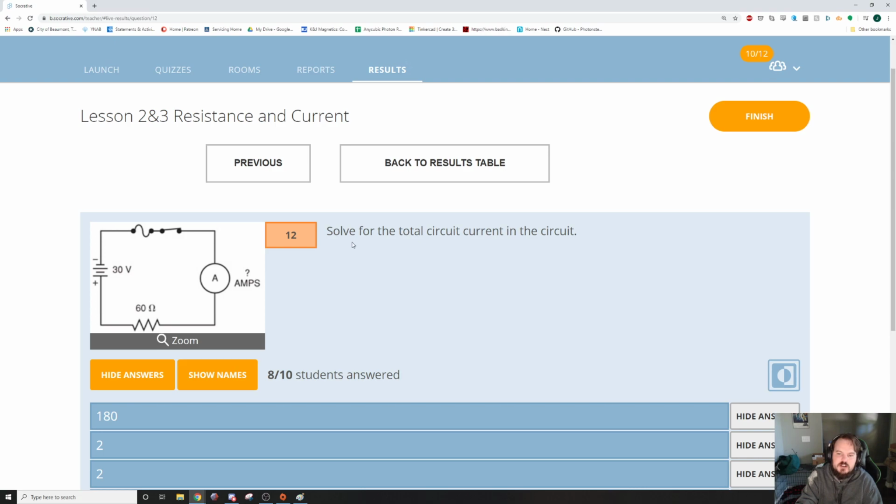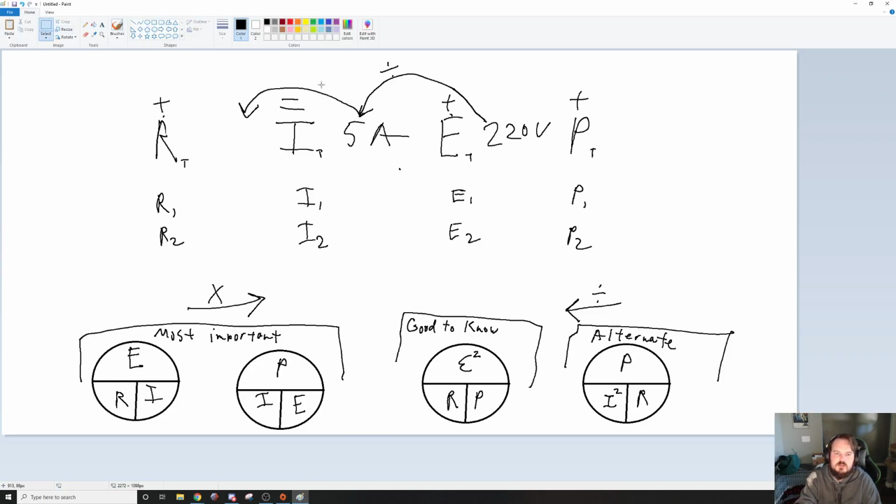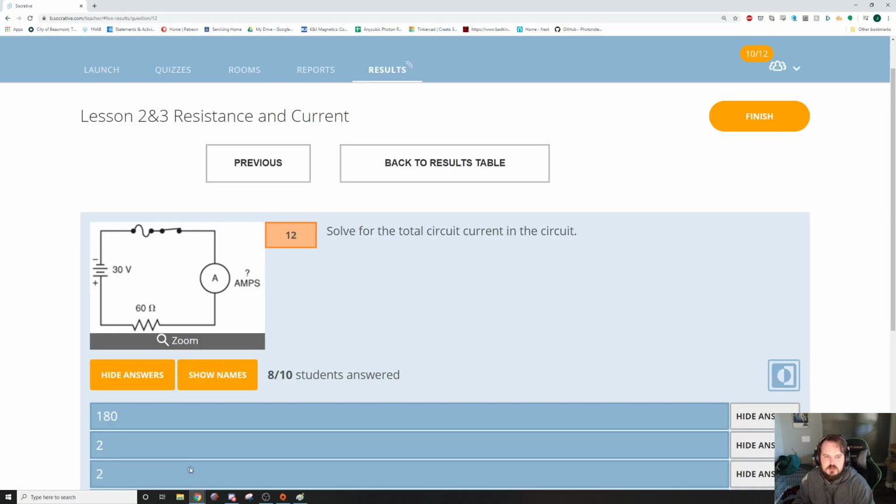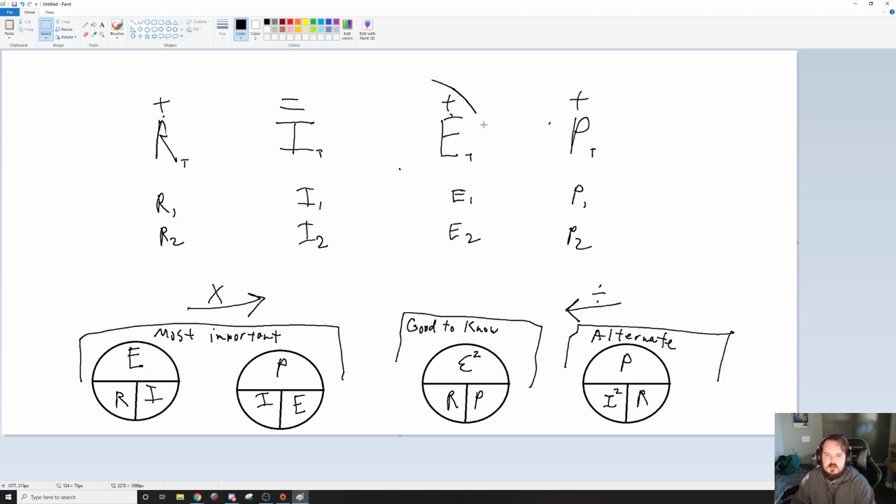Solve for the total circuit current in the circuit. So, this is another case of, alright, I forgot what the numbers were. 30 and 60. We got 30 volts and 60 ohms.